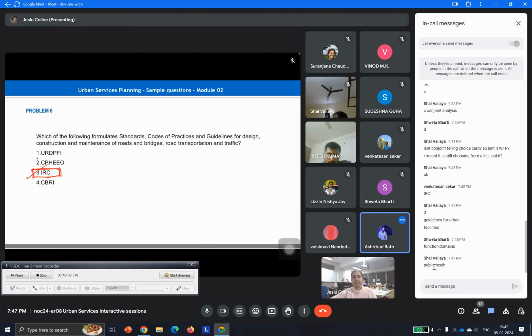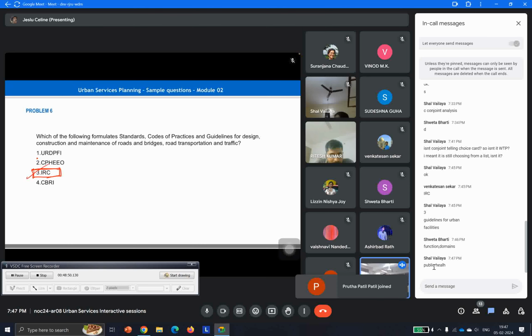Right. Yes. So all the sanitation, public health facilities, overall health improvement, all that comes under the CPHEEO. So when it comes to all our sanitation facilities, everything, we have our manual coming from CPHEEO guidelines.